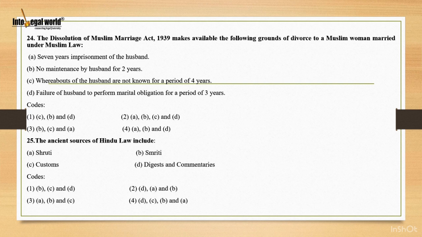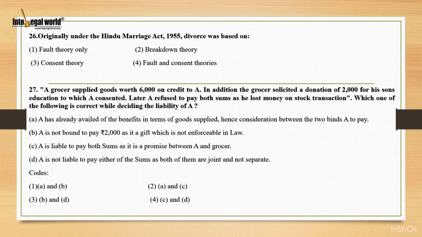D, A and B. Shruti, Smritis and digest and commentaries. Originally under the Hindu Marriage Act 1955, divorce was based on fault theory only, breakdown theory, consent theory, fault and consent theory. So the correct option is fault and consent theory. This was the basis of divorce in the Hindu Marriage Act 1955.